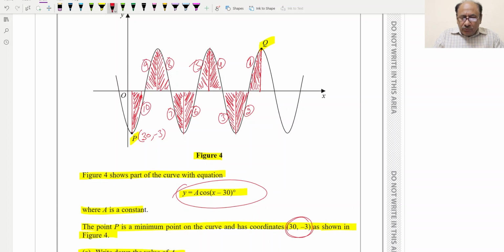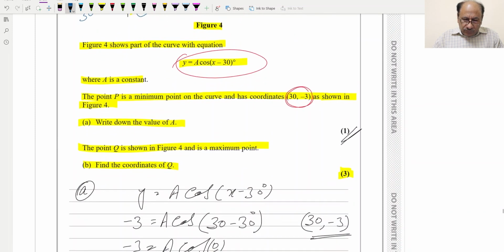So 10 portions of pi by 2, plus the smaller portion which I can highlight like this one, and this is basically 30. So from here we are getting 30, so this one is 30 degrees. So the total x value will be what?